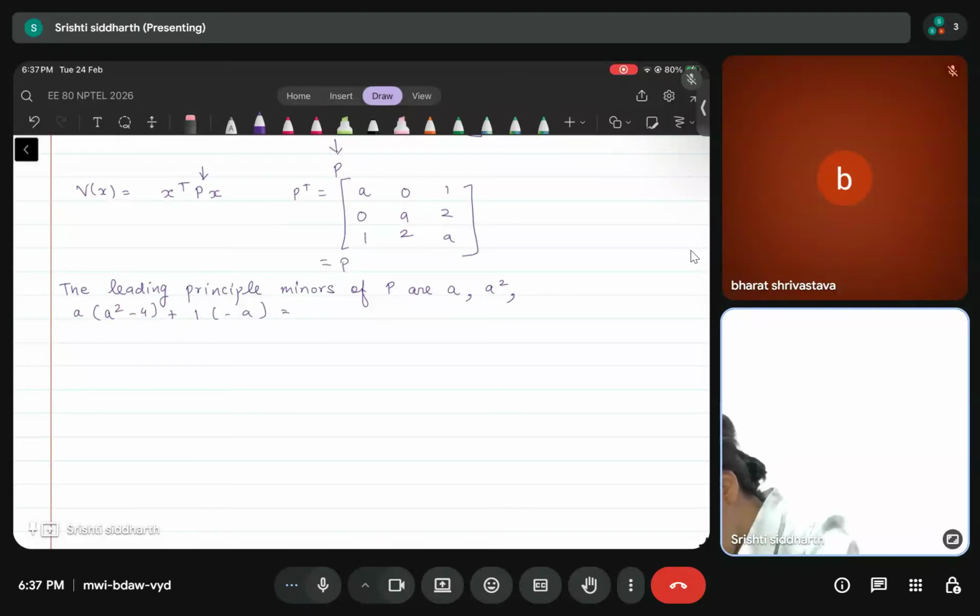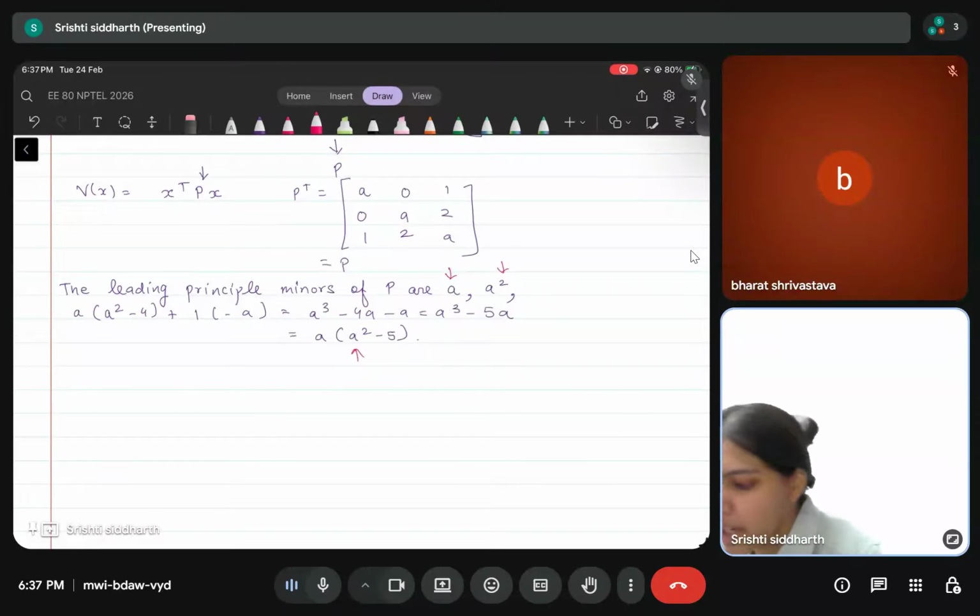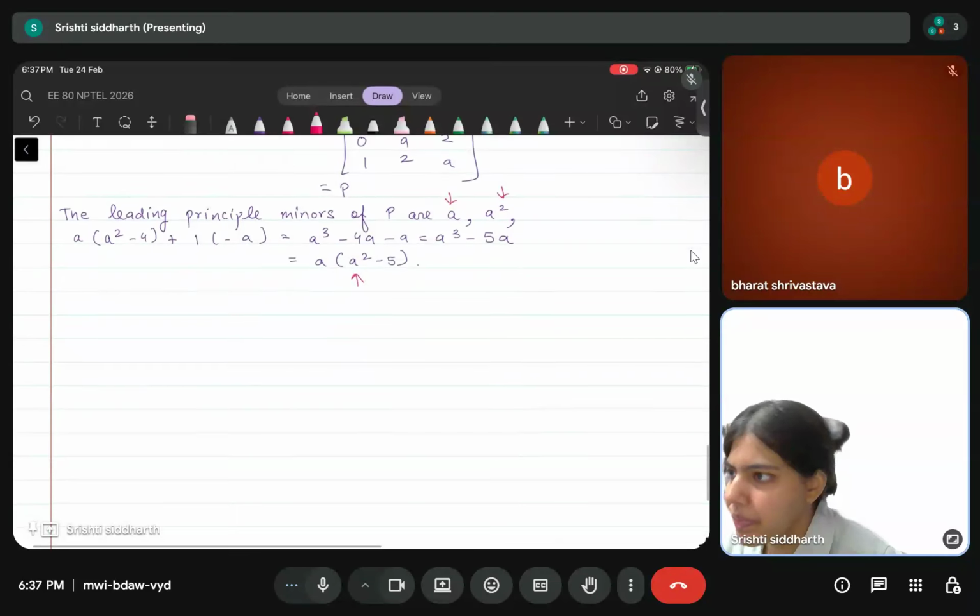So this is a cube minus 4a minus 8a. So this and this are the leading principal minors of P.